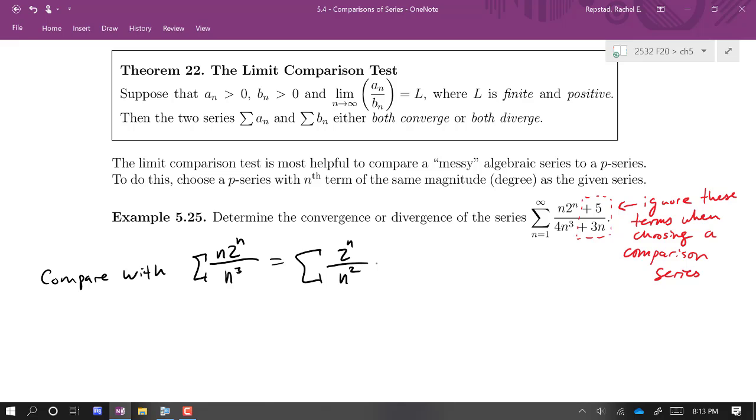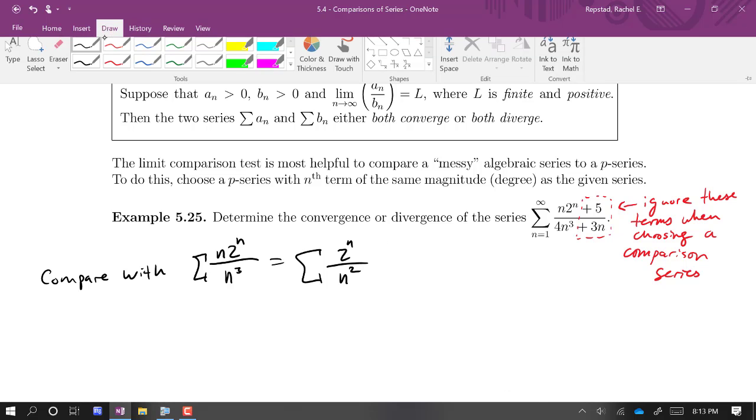Now, an important part about performing any comparison test is that you have to know what your comparison series does. In the direct comparison test, we compared one series to a geometric series, so that was easy. Another one we compared to a p-series, so that was easy. This one, we know what this series does.